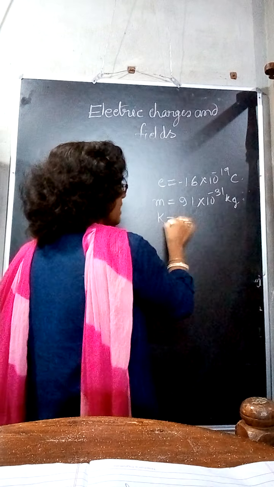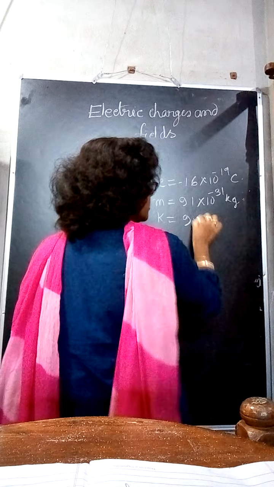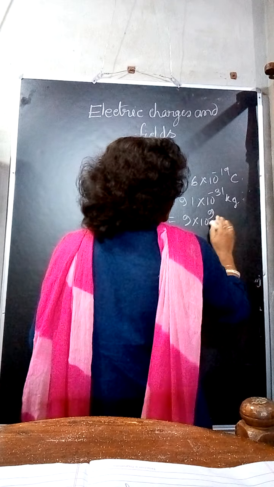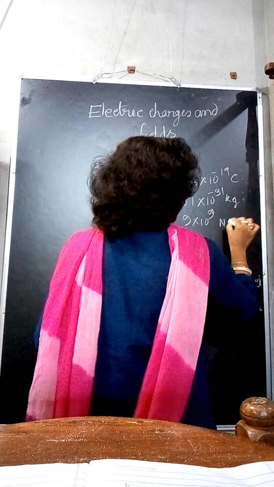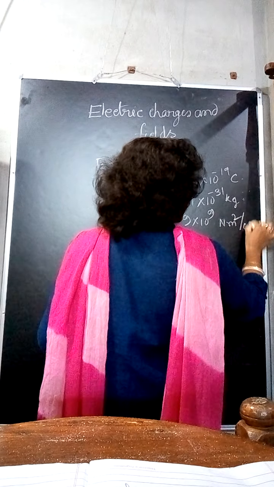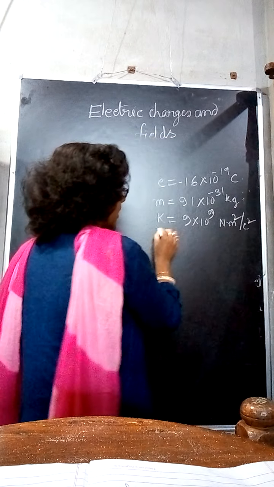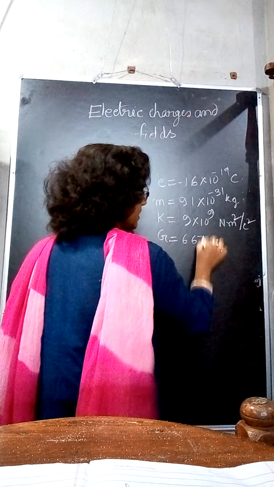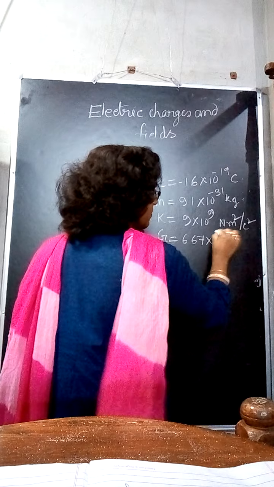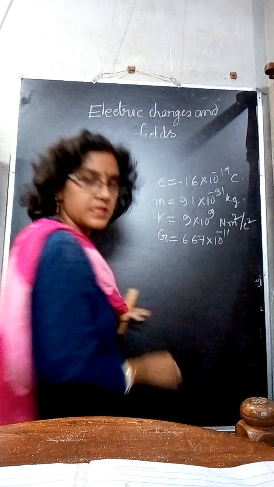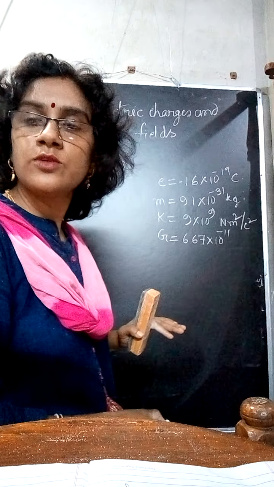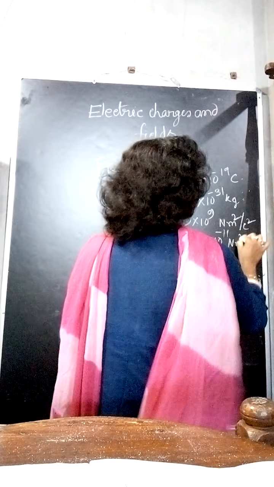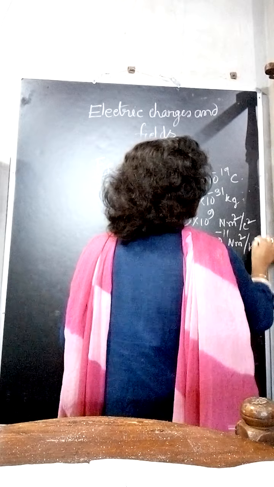The value of K is 9 into 10 to the power 9 Newton meter square per coulomb square, and the value of G is 6.67 into 10 to the power minus 11 Newton meter square per kg square.